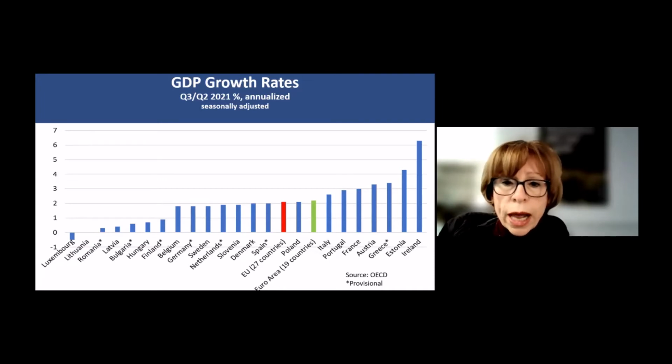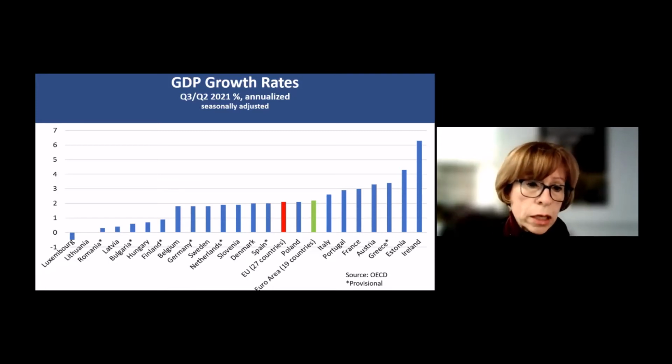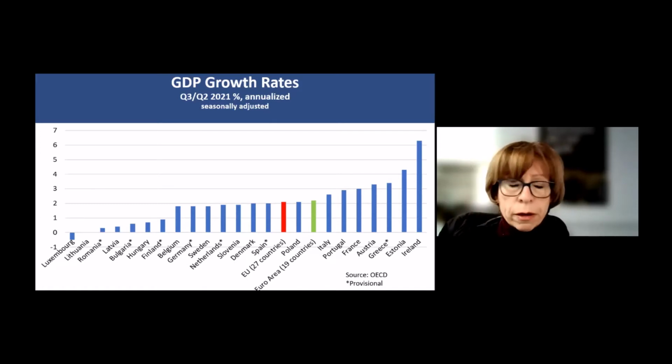The EU average is the red, and then the EA average is the light green. So Luxembourg actually contracted in the third quarter, whereas Ireland had a fabulous growth rate of a little over 6%. Now, again, this is due to the rebounding from COVID as economies reopen.